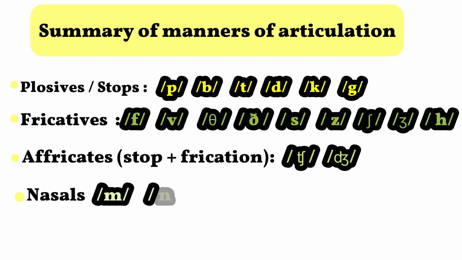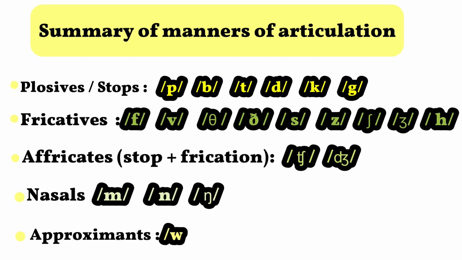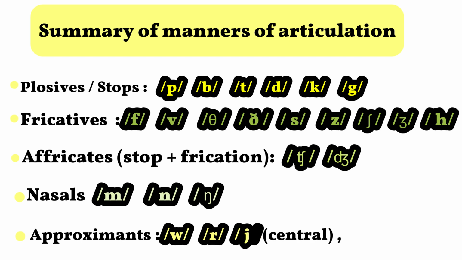We have three. M, n, ng. Then the last one, we have approximants. They can be either central or lateral. The centrals are w, r, y, and the lateral is only one, l.